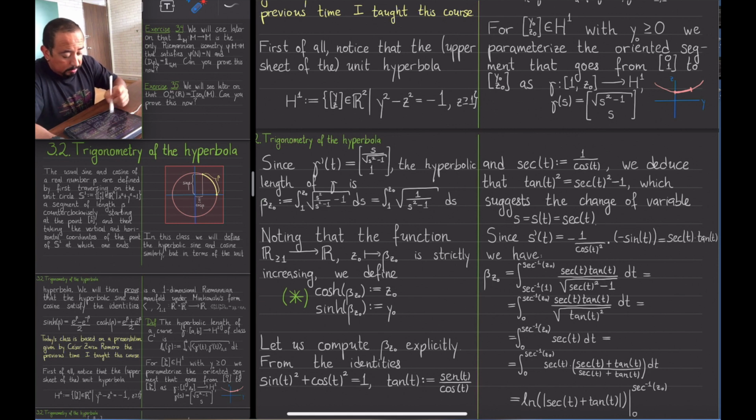All right. So I make that change of variable, but then since I'm substituting this by a function of t, I also have to multiply with the derivative of that function of t, right? So I compute the derivative. It's quite easy because the secant is this quotient, right?